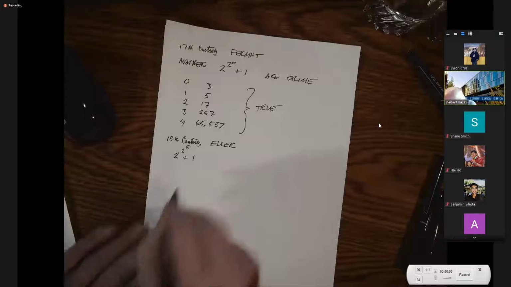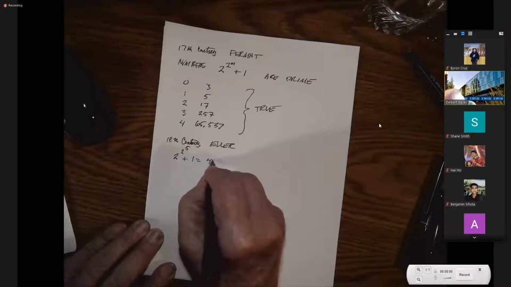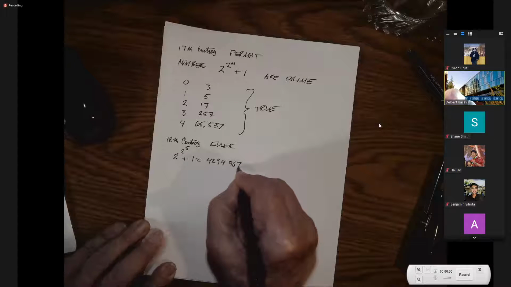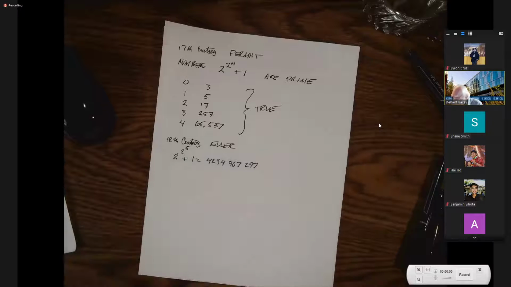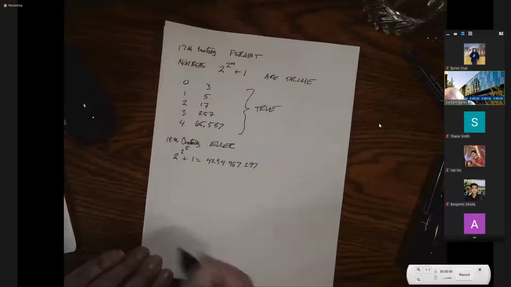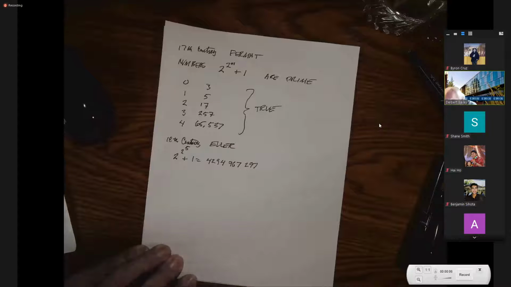So Euler showed that this number is equal to something, which is not a big deal because you just take the time to work that out, right? But what was the big deal is, is this thing a prime? Remember, it's not easy to prove that numbers are prime, or to factor numbers if we talk about the general case.